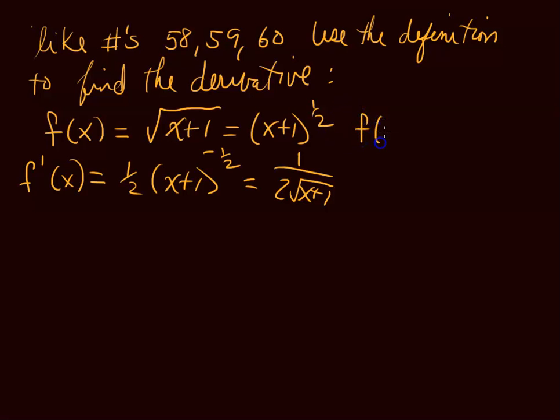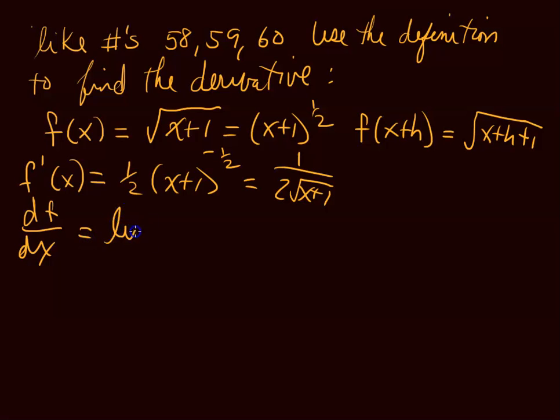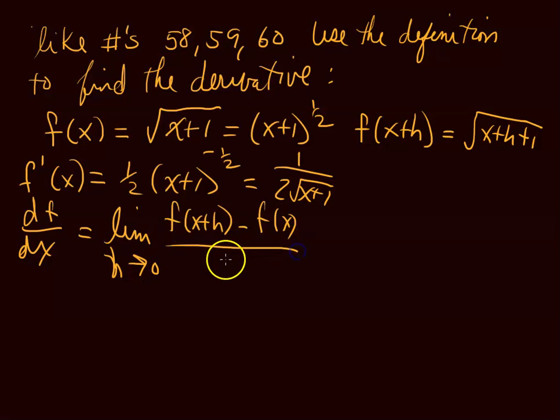We need f of x plus h, and that is the square root of x plus h plus 1. Because what is the definition? The derivative of f with respect to x is the limit as h goes to 0 of f of x plus h minus f of x over h.